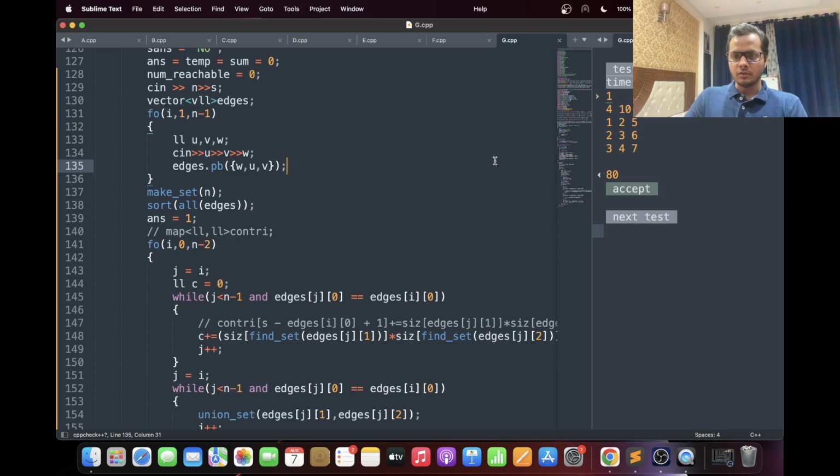1 to 3 we have 5 choices. Between 1 to 4 we have 4 choices. Between 2 to 4 we again have 4 choices, right?